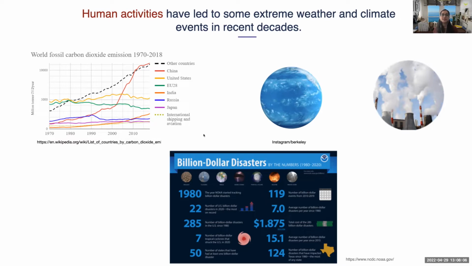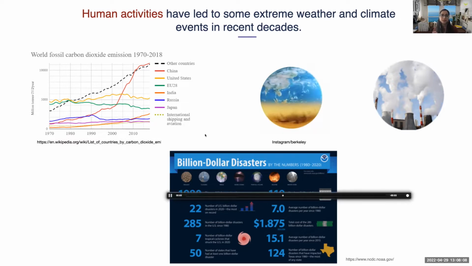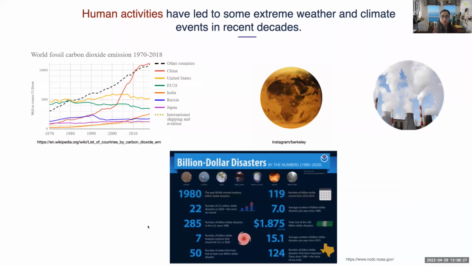And these gases are rapidly increasing Earth's average surface temperature, which leads to extreme weather conditions such as high intensity and frequency of floods, snowstorms, wildfires, etc. Unfortunately, these extreme weather conditions do not only cost us billions of dollars, but also thousands of lives each year.